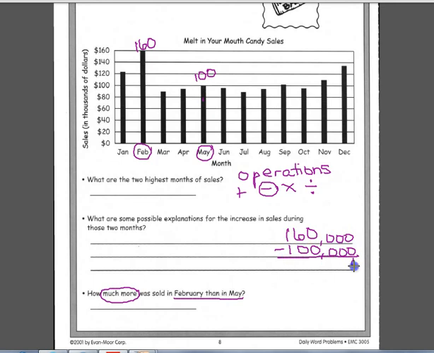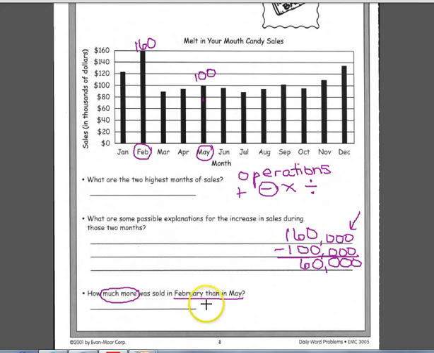Okay, so 0 minus 0, 0 minus 0, 0 minus 0. Always start from the right when you're subtracting. 0 minus 0, don't forget your comma. 6 minus 0 is 6. 1 minus 1 is 0. So how much more was sold?